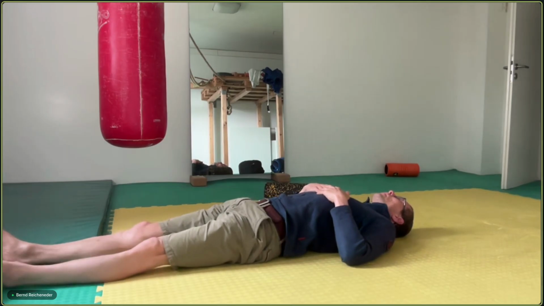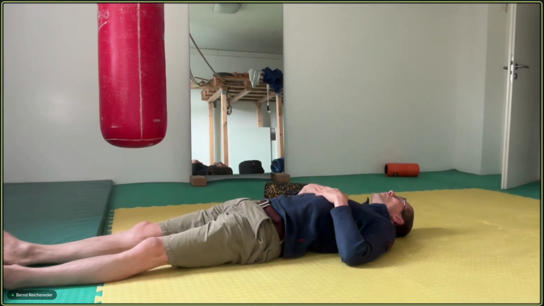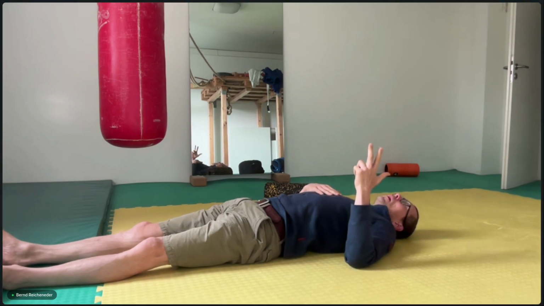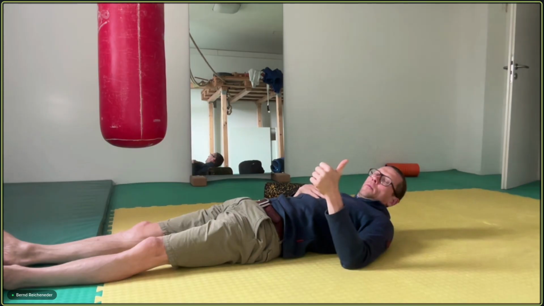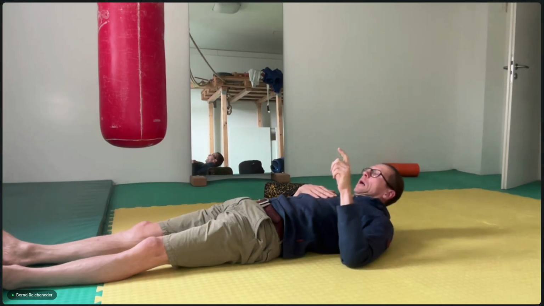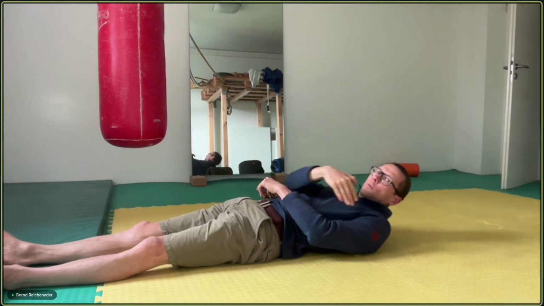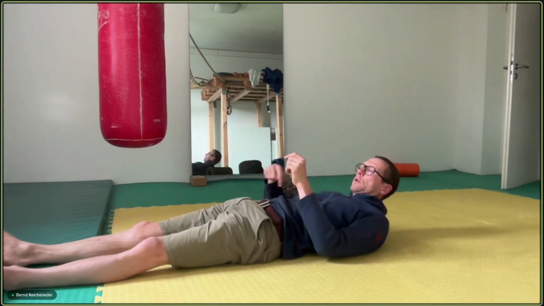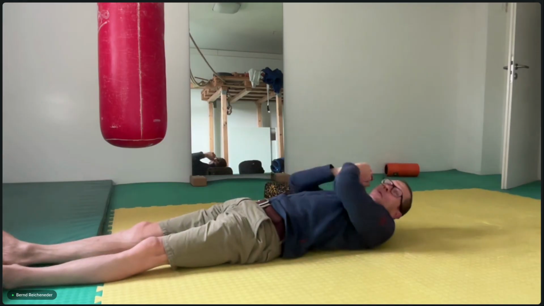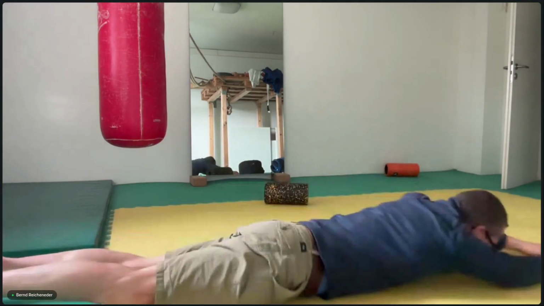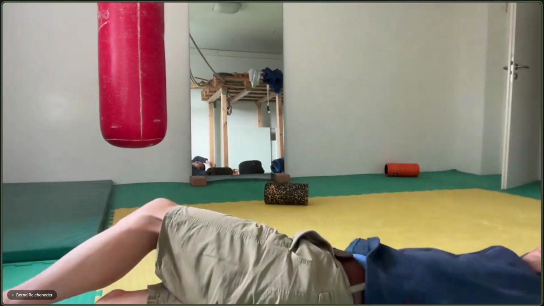Locomotion. Two types of locomotion. Rolling. No, two types: ipsilateral, same body side, and contralateral, opposite body side. Rolling. Ipsilateral locomotion.